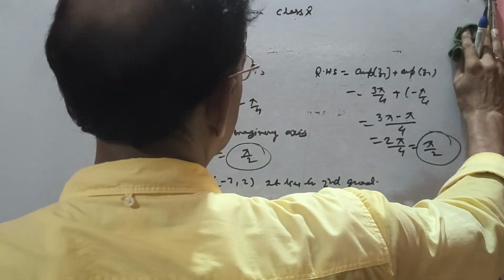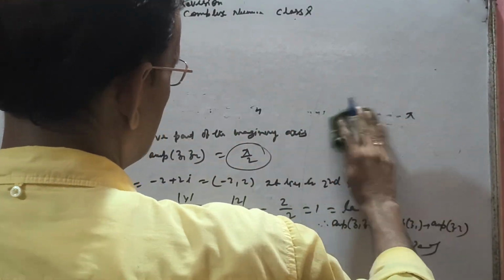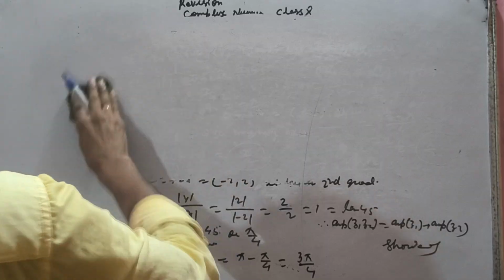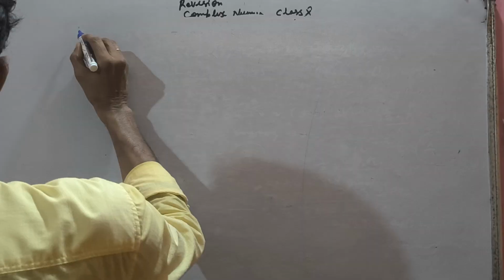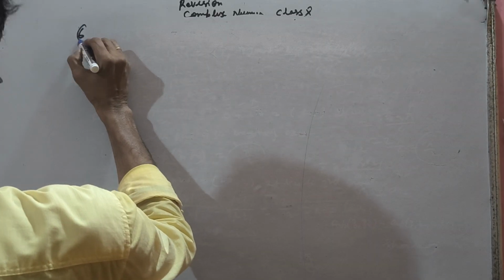Next sum now. One more property: amplitude of the quotient of two complex numbers is equal to the difference of their amplitudes. We will try to verify that one. So write down question number 6.